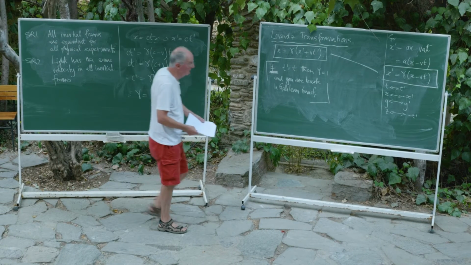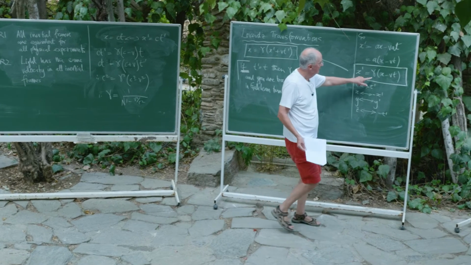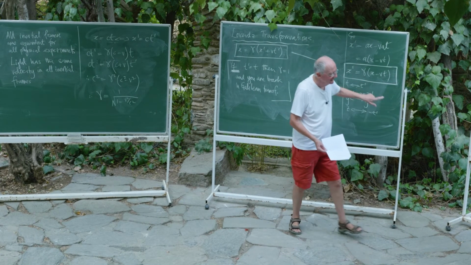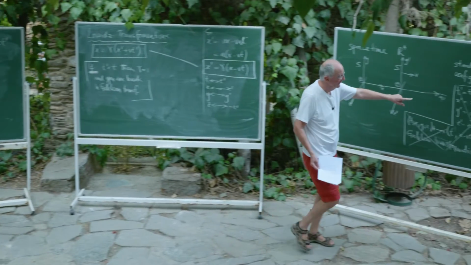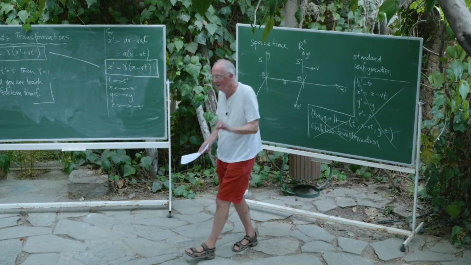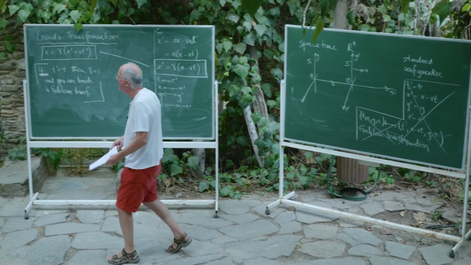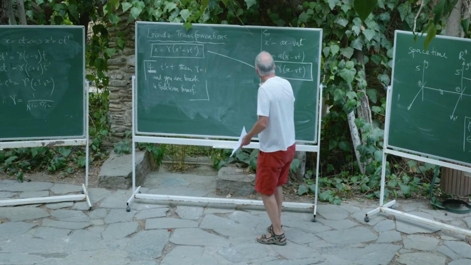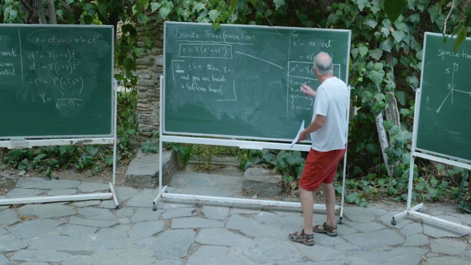So now we've found what gamma is. In particular, it's not 1. In the Galilean transformation, gamma was 1. We've found it's something different. We haven't finished yet because I've only worked out this bit.